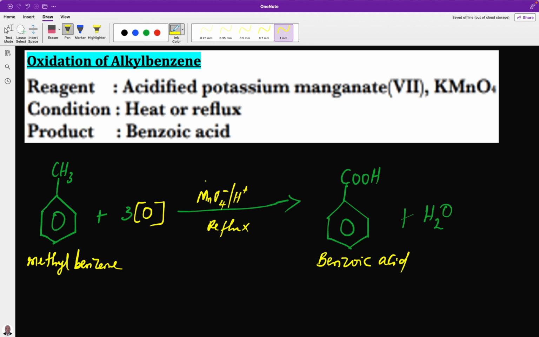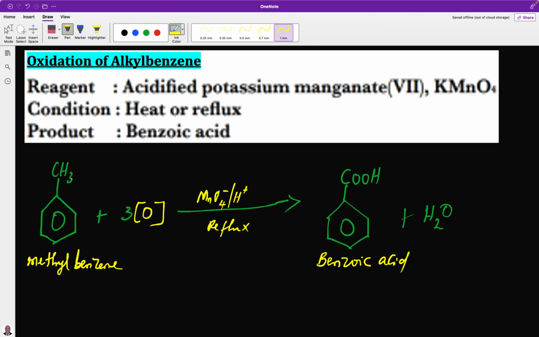As I said, the reaction mixture is heated under reflux. Here oxygen will substitute the hydrogens to produce the acid.